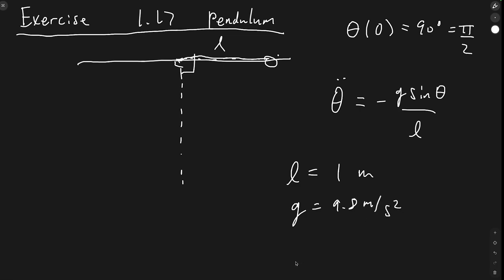Write a program to show that the time it takes the pendulum to swing down through the vertical position, so that means when theta is 0, show that t is going to be 0.592. All right, so doesn't seem that bad. Go ahead and try this exercise on your own. You can pause the video right here.